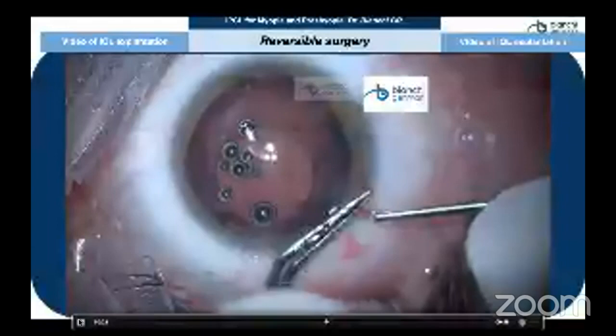In the same way, I put OVD behind the IPCL, and I put it in the anterior chamber, and after that, with the same cannula of the OVD, I put it in the hole of the optic. I take out the lens with 1 or 2 McPherson, and after that, I inject the lens. The video is unclear, I'm sorry about that.